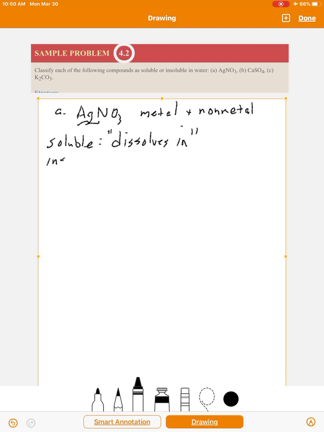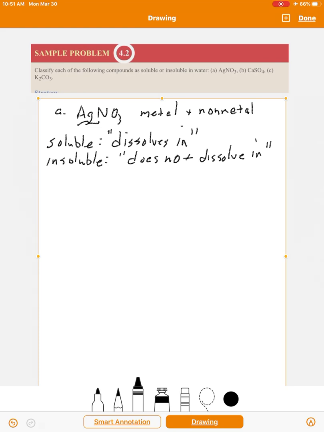So we call that insoluble. Does not dissolve. Okay? And generally we're talking about water. We're not going to worry about other types of organic solvents or anything like that for this course. So if something dissolves in water, it's soluble. If it does not dissolve in water, it is insoluble.